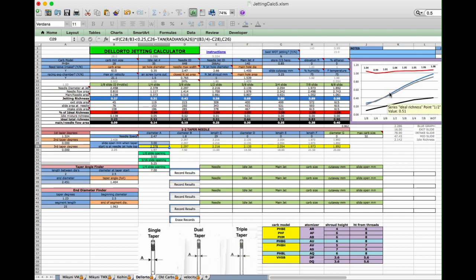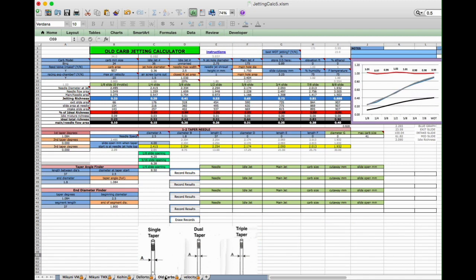Okay, so that gave me really good agreement there. A little bit rich here, so I'm going to go down on the main. Voila, that's nice. Okay, so anyway, we've got the old carb section here.